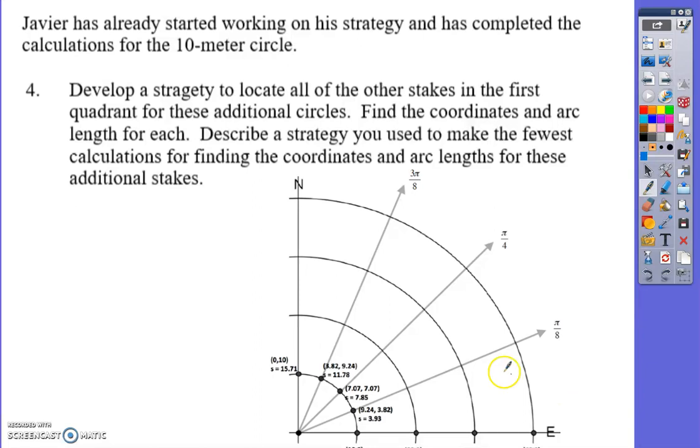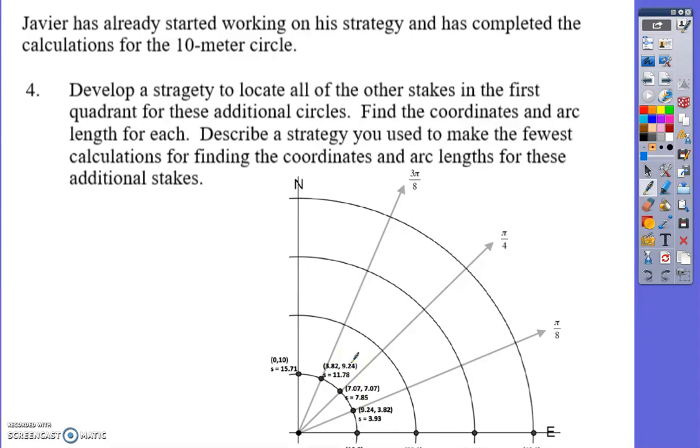Now, what I noticed right off is that at the center point, pi fourths, or 45 degrees, they're the same number, just inverted. I also noticed here at pi eighths and 3 pi eighths, the two numbers have switched places. The x coordinate and the y coordinate switched to make the next one. And maybe that would be something that could help you.